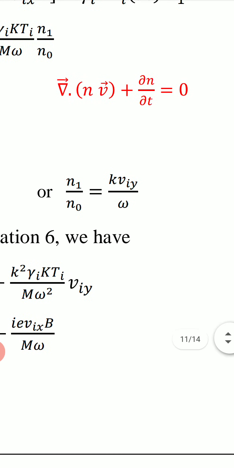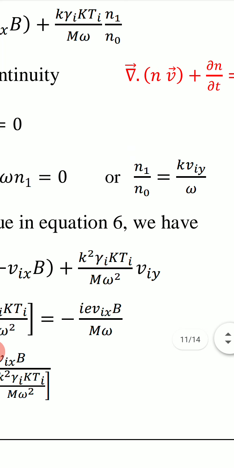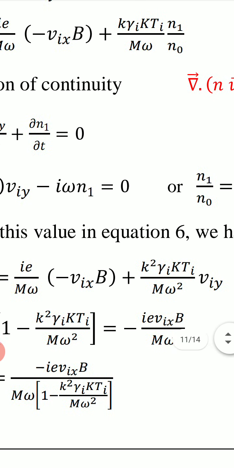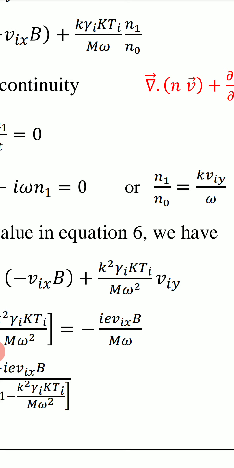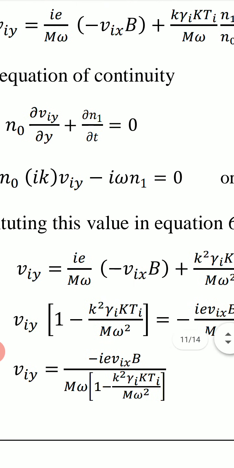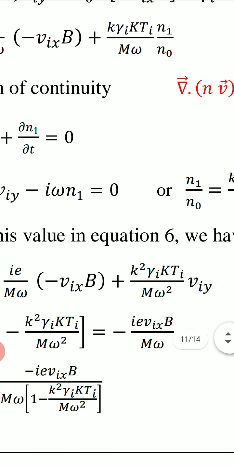Then in the first term we have a multiplication of two such terms, n into v. So from n we take n0 and from v we take v1, and for that v1, the perturbation in velocity, we write its y component as VIY.